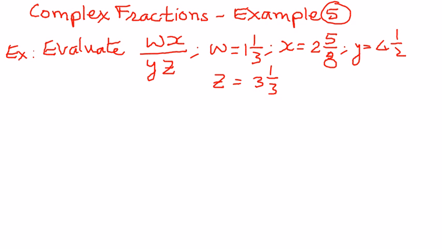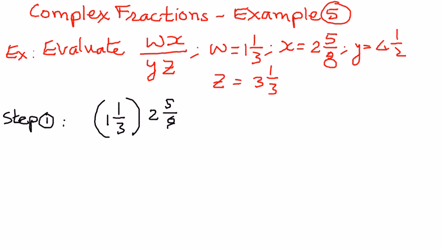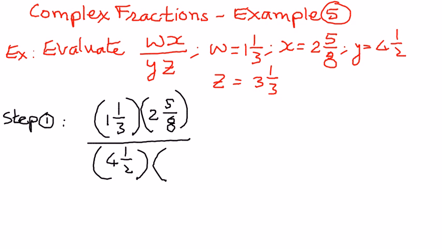Let us, as a solution, put all of this together. Let us substitute the values of these variables into this given expression. How does it look? For w, we're going to substitute 1 1/3 times, for x, we're going to substitute 2 5/8 divided by, for y, we're going to substitute 4 1/2, and then for z, we're going to substitute 3 1/3.